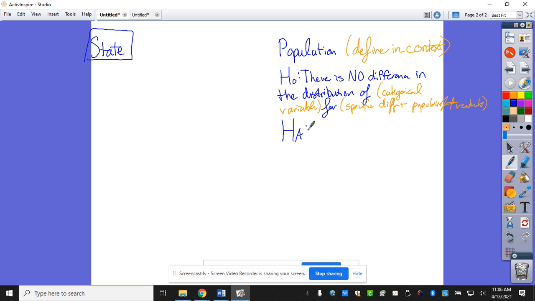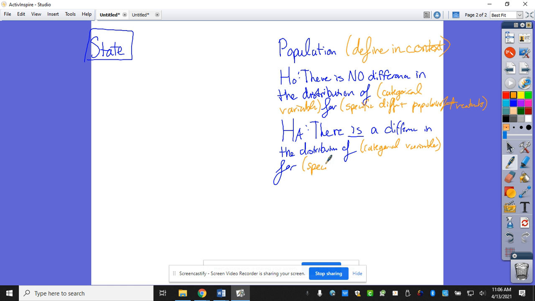And then our alternative is the same thing, but saying there is... And how does that section always end?